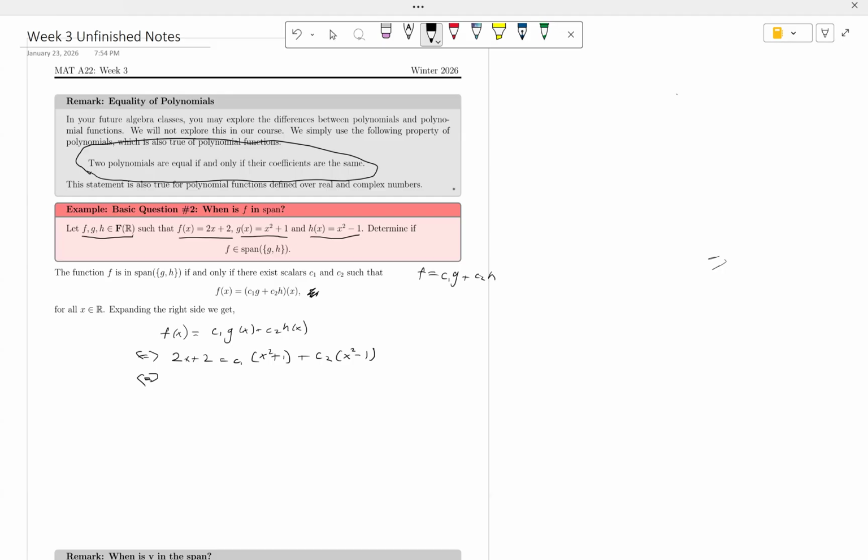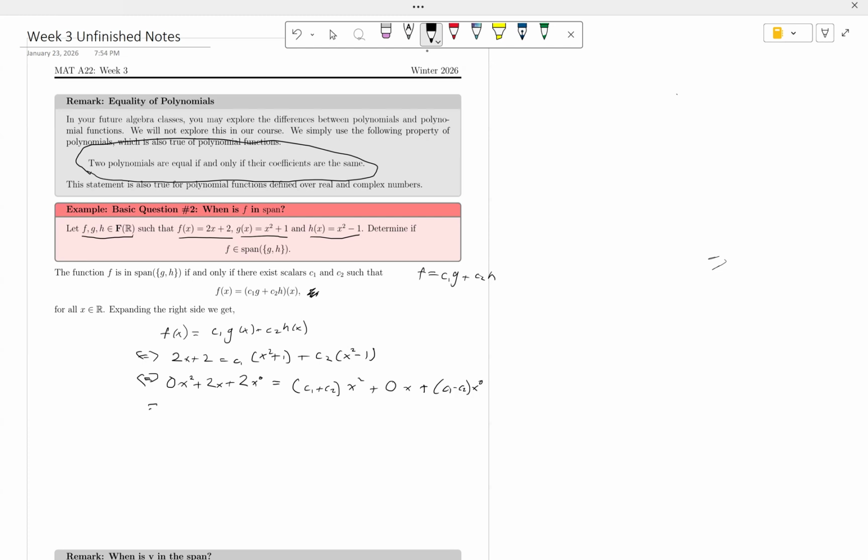Here, I notice that I don't have any x squared terms, so I'm going to write 0x squared plus 2x plus 2, and I'm going to write x to the 0 here, is equal to (c1 plus c2) x squared plus 0x plus (c1 minus c2) x to the 0.